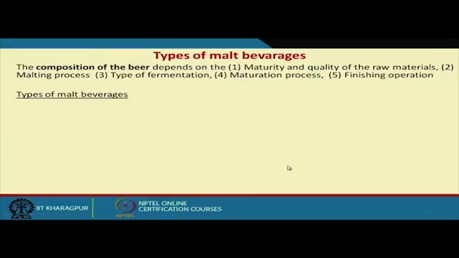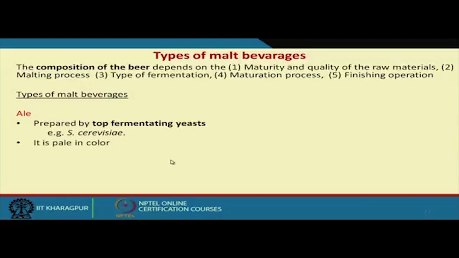Then the composition of beer depends on different parameters: the maturity and quality of the raw materials, malting process, type of fermentation, maturation process, and finishing operation. Among the types of beverages, we have ale beer, prepared by top fermenting Saccharomyces cerevisiae.